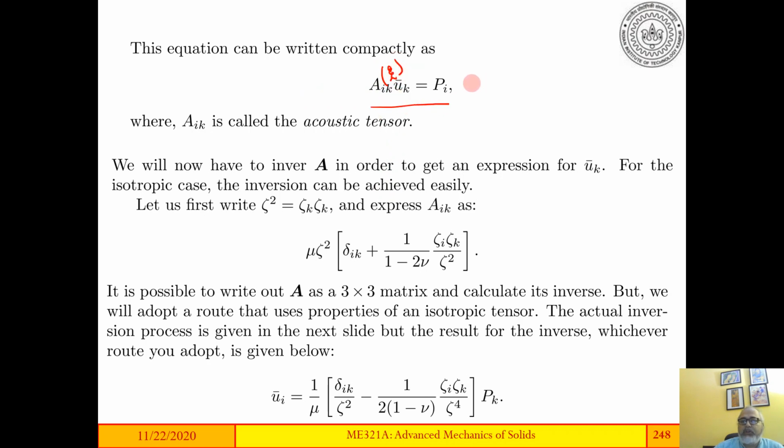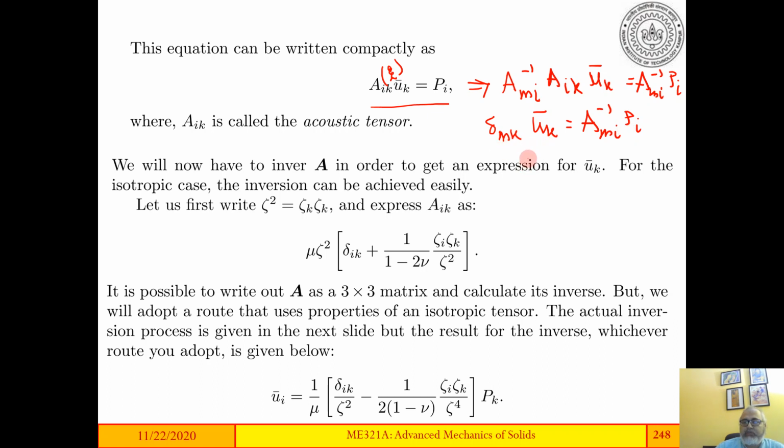We can now express this as follows. If I multiply by A_mi inverse, A_mi inverse A_ik u_k bar equals A_mi inverse P_i, and I will get delta_mk u_k bar equal to A_mi inverse P_i.